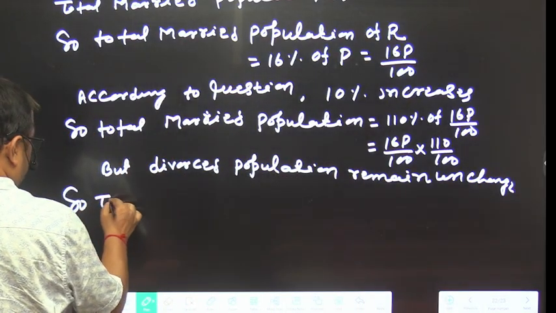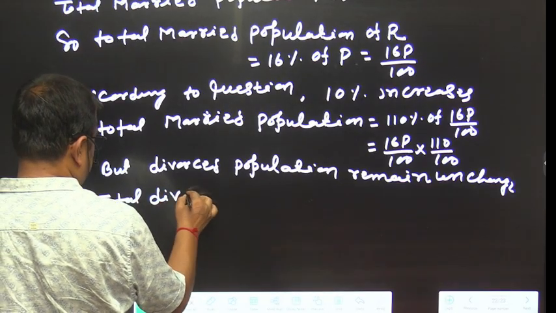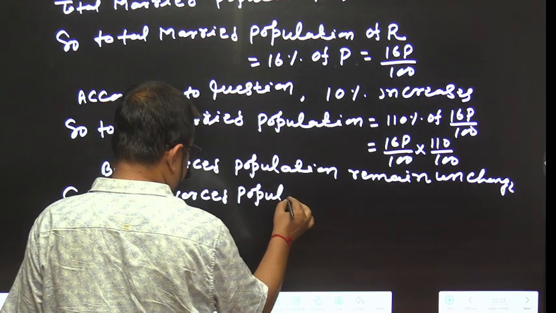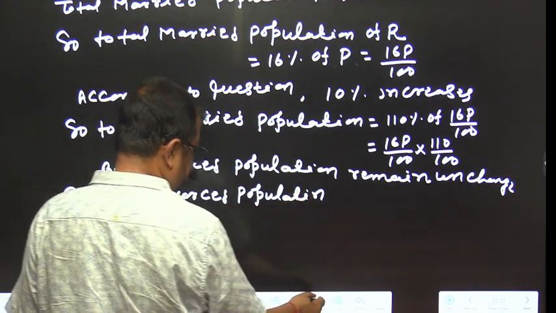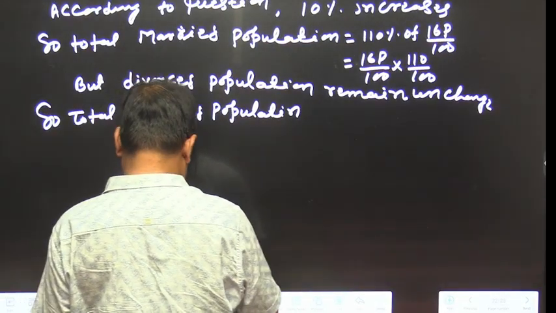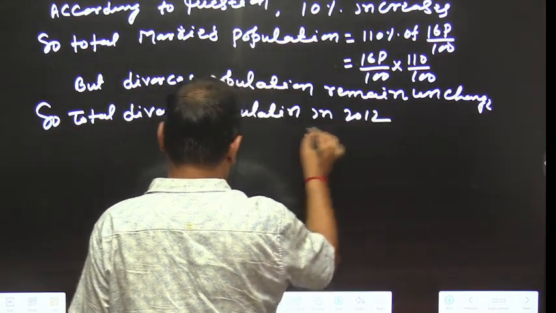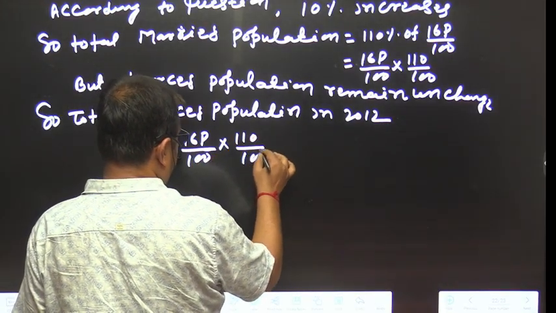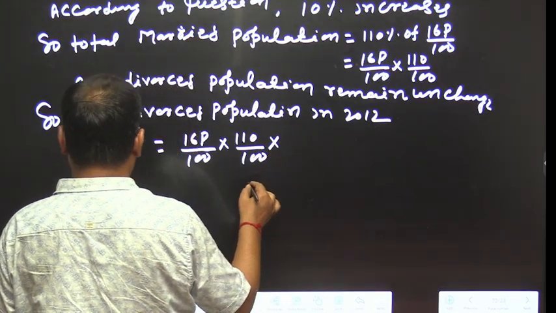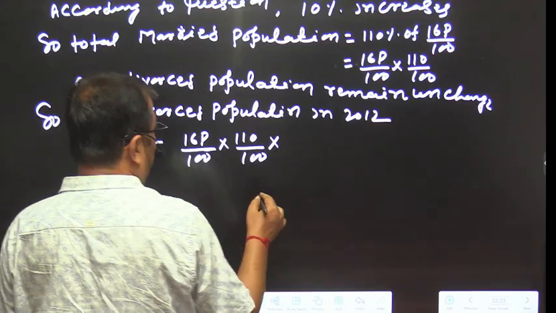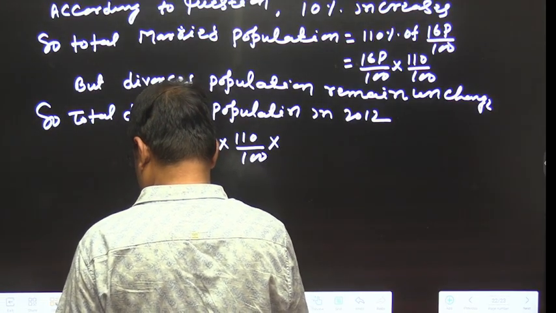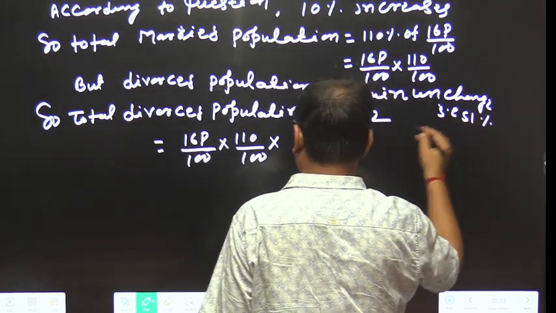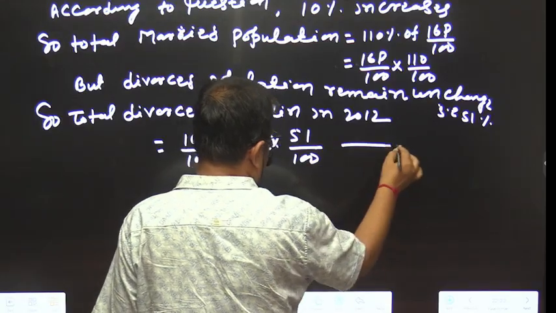So total divorced population in 12 equals 16p upon 100 into 110 upon 100 into 51%, that is 51 upon 100. This is the equation 1.